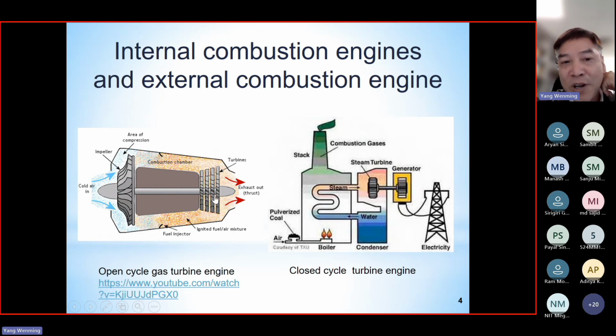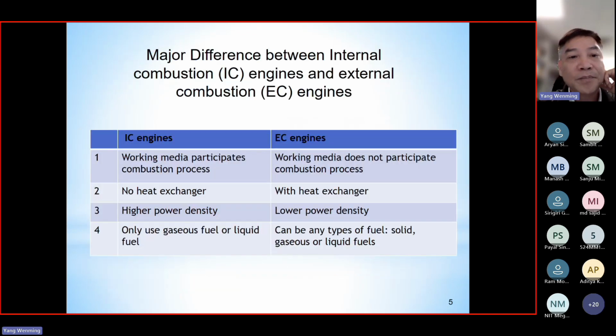In the internal combustion engines, the working media participates in the combustion process. However, in EC engines, the working media does not participate in the combustion process.